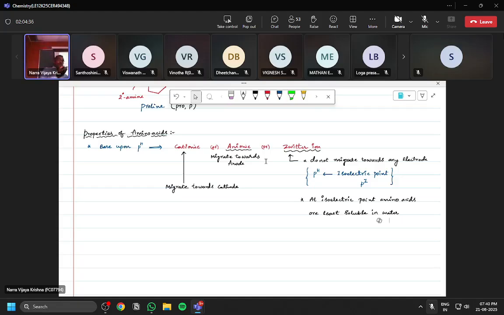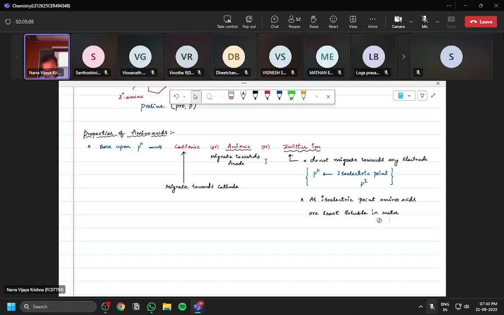To separate those amino acids, I will keep on changing the pH. For a particular amino acid, this pH may become the isoelectric point. Then immediately that amino acid settles down. Now I will change the pH to some other pH. Then another amino acid's isoelectric point will be this pH, and that amino acid will precipitate. Is it clear?